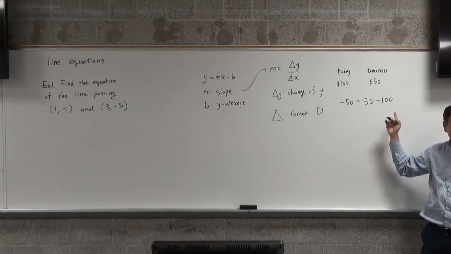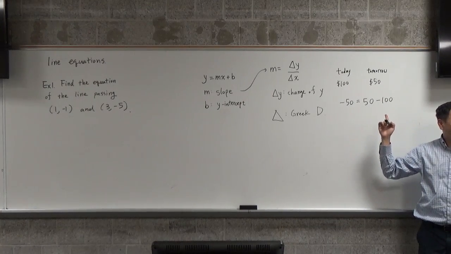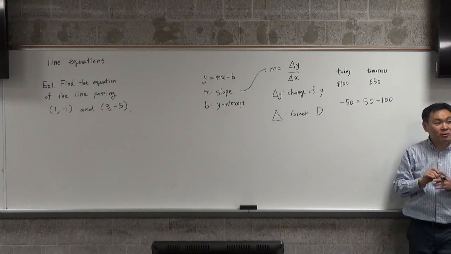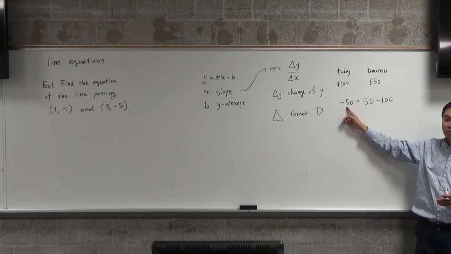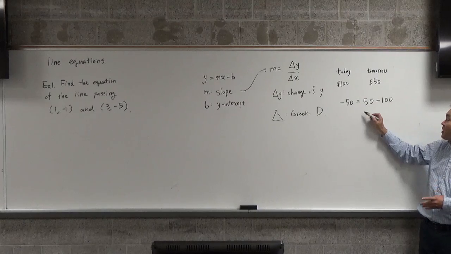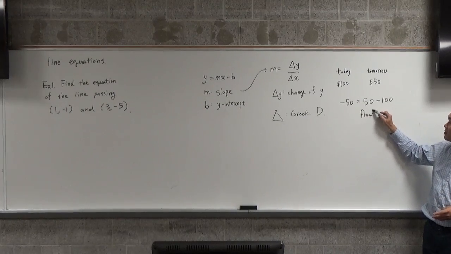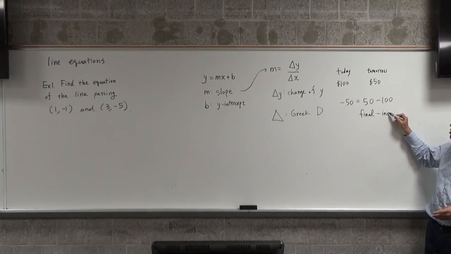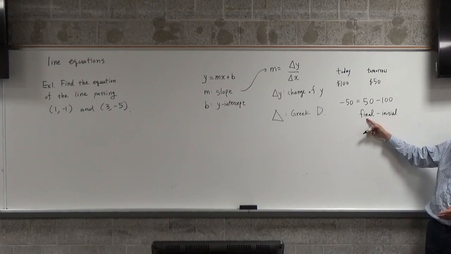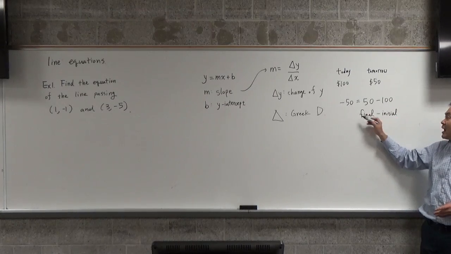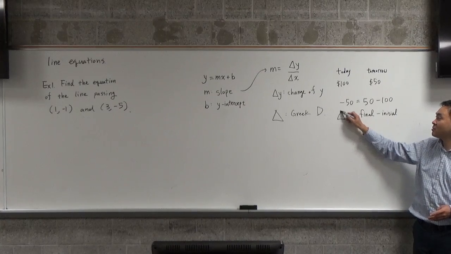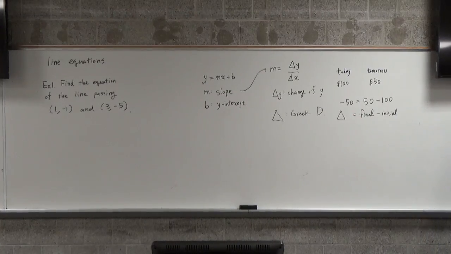That's the true change. Do you agree? Okay, I'm trying to make an important point here. If you want to know the change, you better be doing the final value minus the initial value. Or terminal value minus the initial value. That is the change. That's the change, delta. That's the difference.